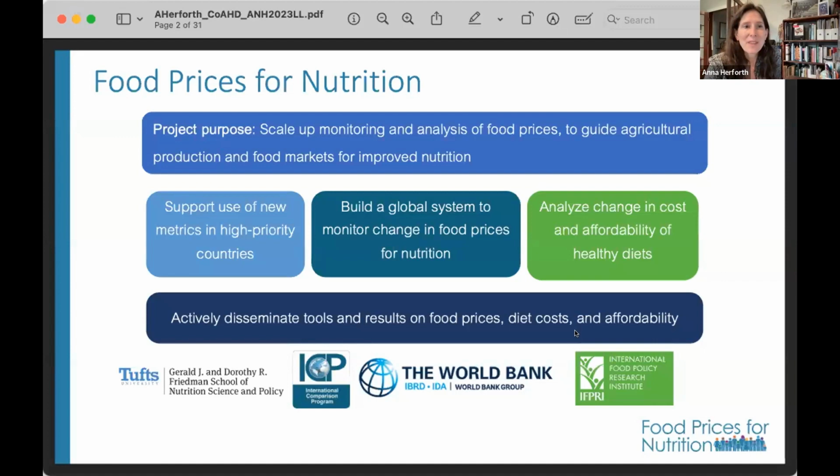And in tandem with that, to support the use of these metrics in countries. And in this particular project, we have a set of high priority countries, which are in our grant. Malawi happens to be one of them. And prioritizing, it's a matter of just prioritizing time and resources available.